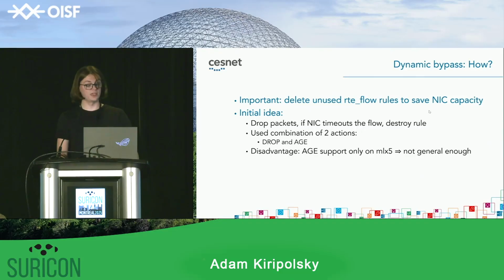If the NIC timeouts the flows, meaning that there is a way to configure the NIC to send an alert or event to the application when the rule is not hit for a certain amount of time, and based on this event, we would destroy the rules.